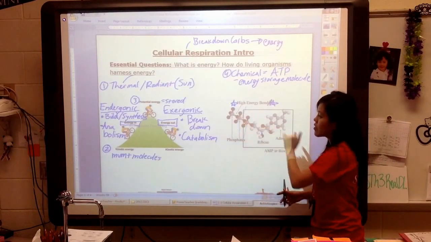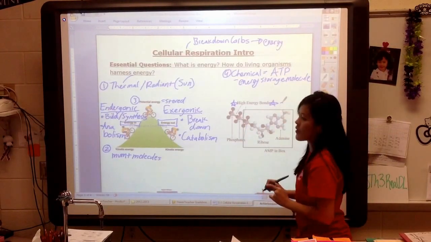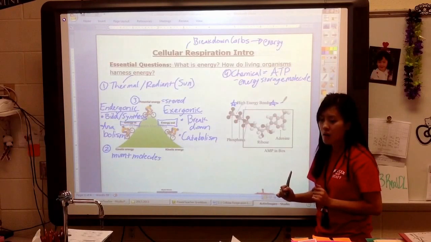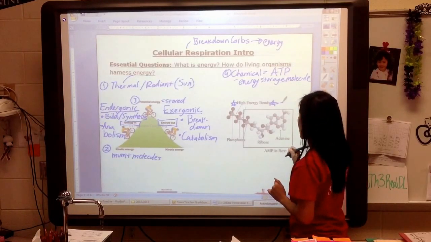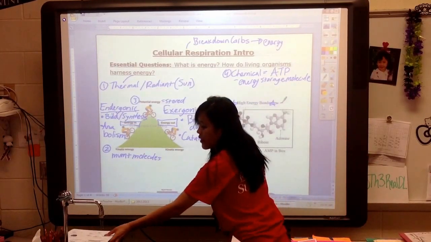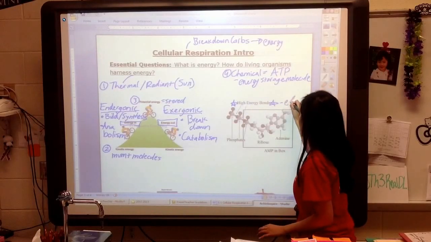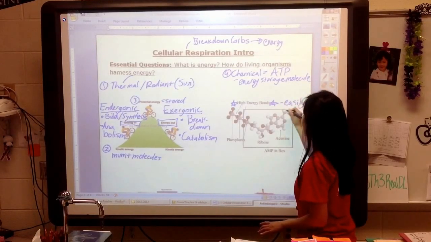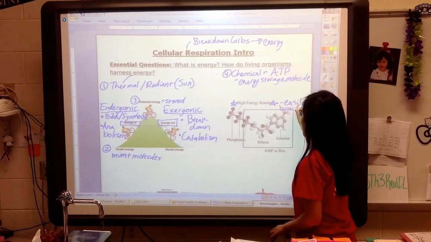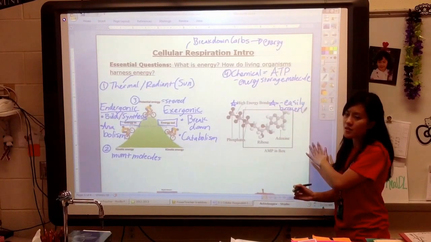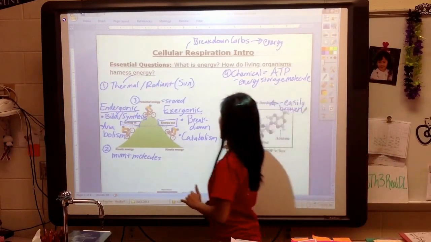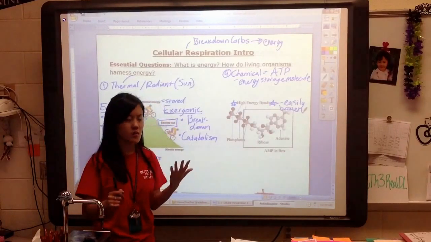Energy is going to be within the bonds, and one thing we really need to know about these bonds is that they are easily broken. Because they are easily broken, this ATP molecule can actually be recycled.